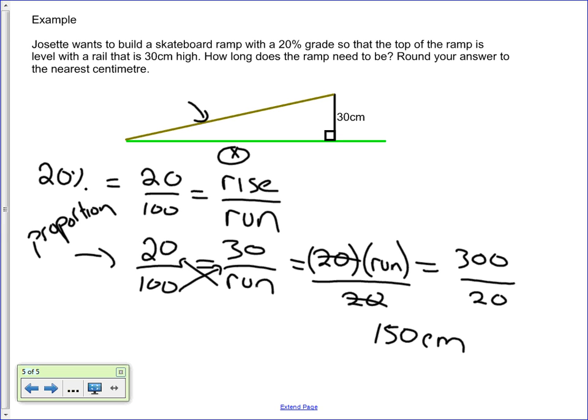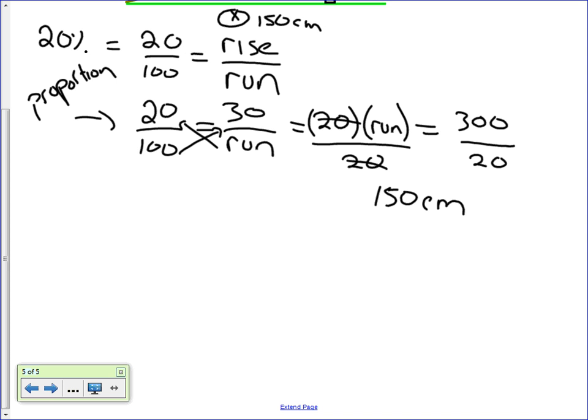So after everything is calculated, I have 150 centimeters. What does this mean? That means that this value is 150 centimeters. And now all I'm doing is applying the Pythagorean theorem. Remember, Pythagorean theorem says that the length of the hypotenuse, or c squared, is equal to a squared plus b squared. If I wanted to calculate just c, I need to take the square root of both sides.